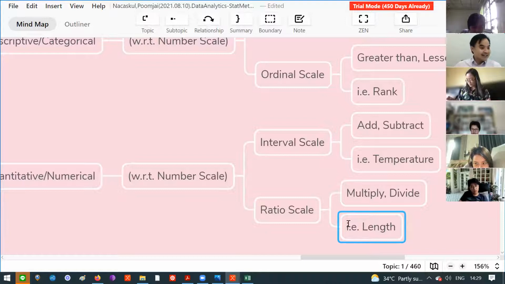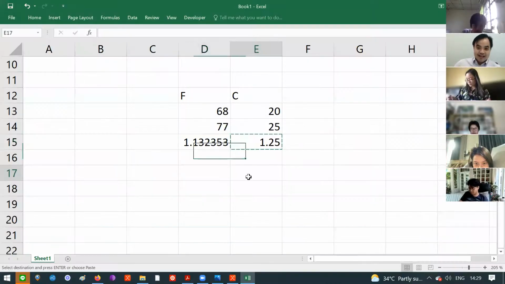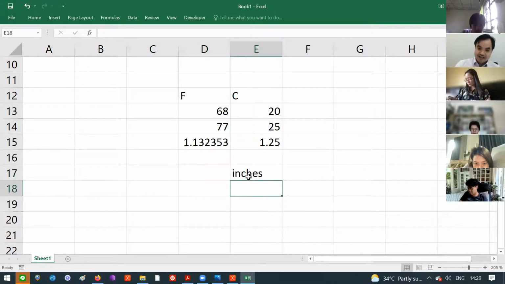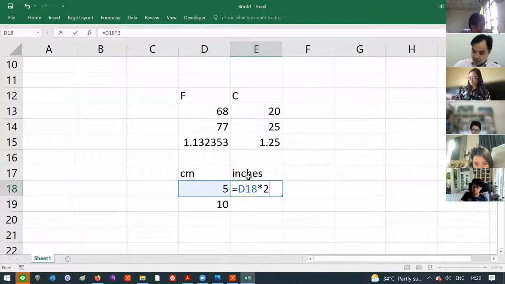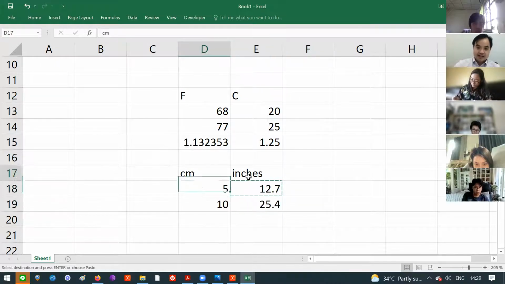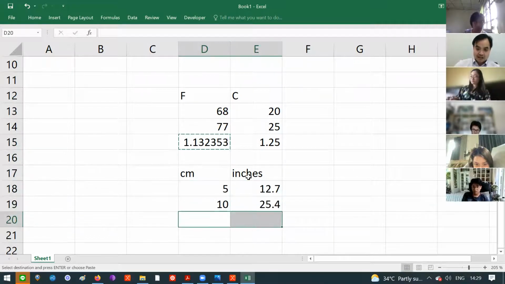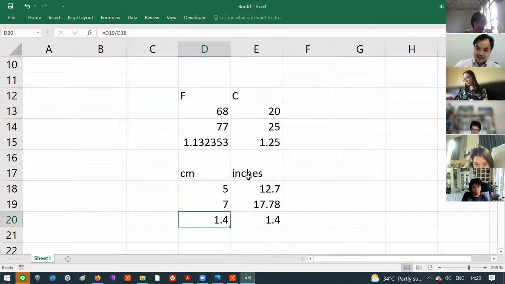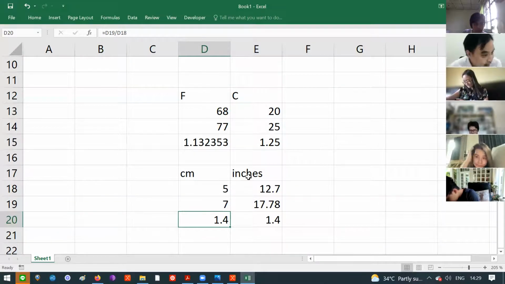With length, you can say this is in inches, this is centimeter, and this is 5, this is 10, this is 2.54. It's the same. So you can always divide because it has an absolute zero. Okay, be very wary of that.